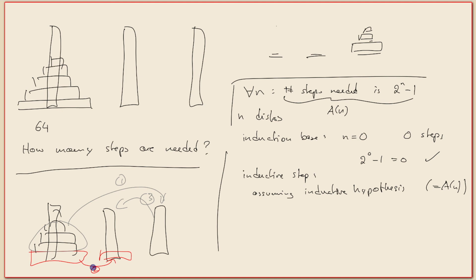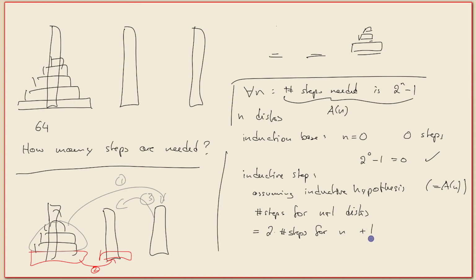How many steps do I need for that? The red one is a single step, easy. The other 2 are the inductive thing with just n, one smaller. So if we start with n plus 1 disks, then the number of steps for n plus 1 disks is 2 times the number of steps for n, plus 1.